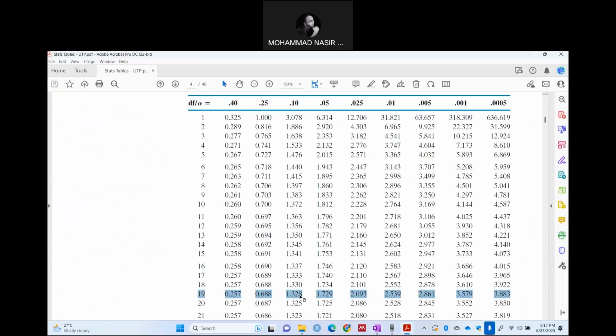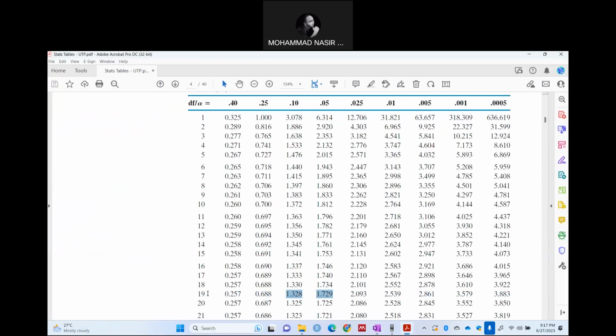The value less than 1.34 is between 1.328 and 1.729, right?